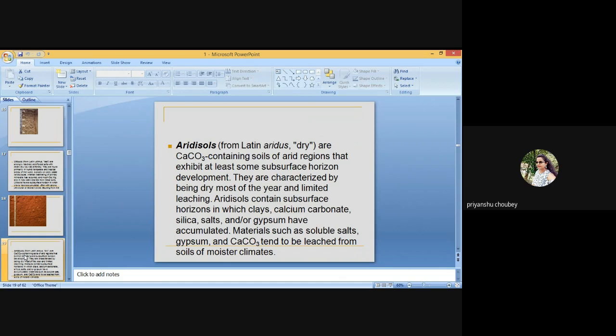Aridisols contain a subsurface horizon in which calcium carbonate, silica, salt, and or gypsum have accumulated. Materials such as soluble salts, gypsum, and calcium carbonate tend to be released from soils of moist climates.